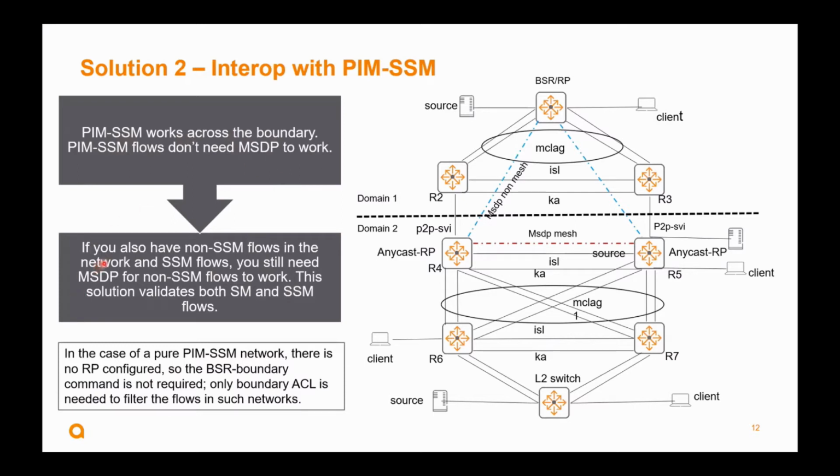But when you have a non-SSM flow in a network and an SSM flow, then you still need that MSDP, right? Because let's say on one side you have an RP, and on the other side it's a pure SSM, well, we still need MSDP to exchange source active messages for the source to be known on the other side.